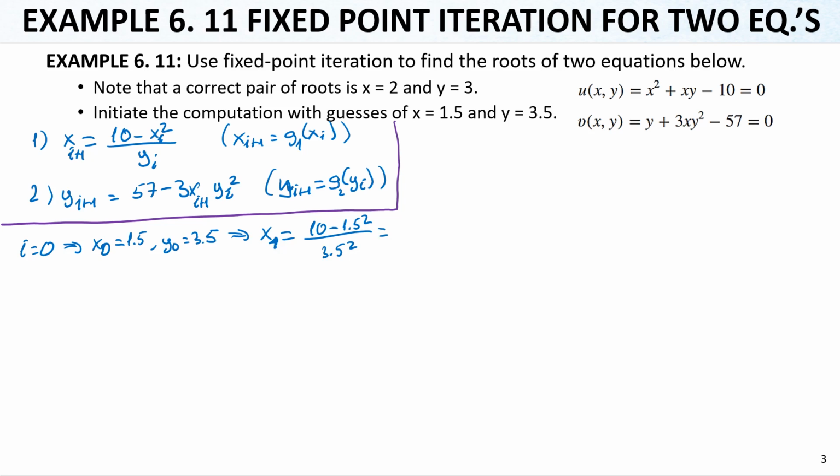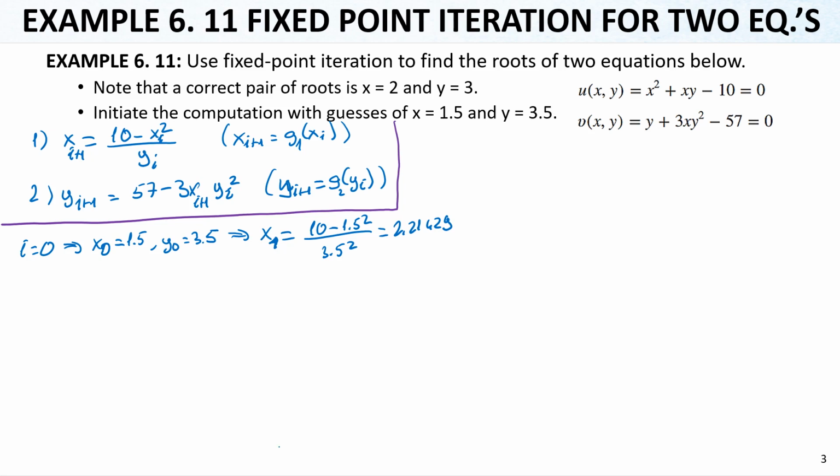And this becomes 2.21429. So what I meant by using this was using this value, because now we know the guess for i equals 1, so we can use it here instead of the initial guess, and we can maybe approach faster. That's why this is recommended by the book as well.